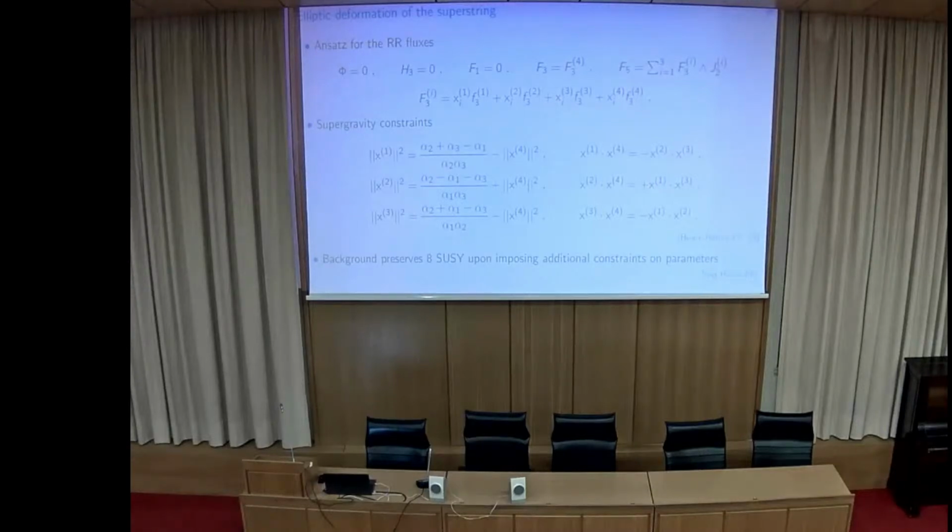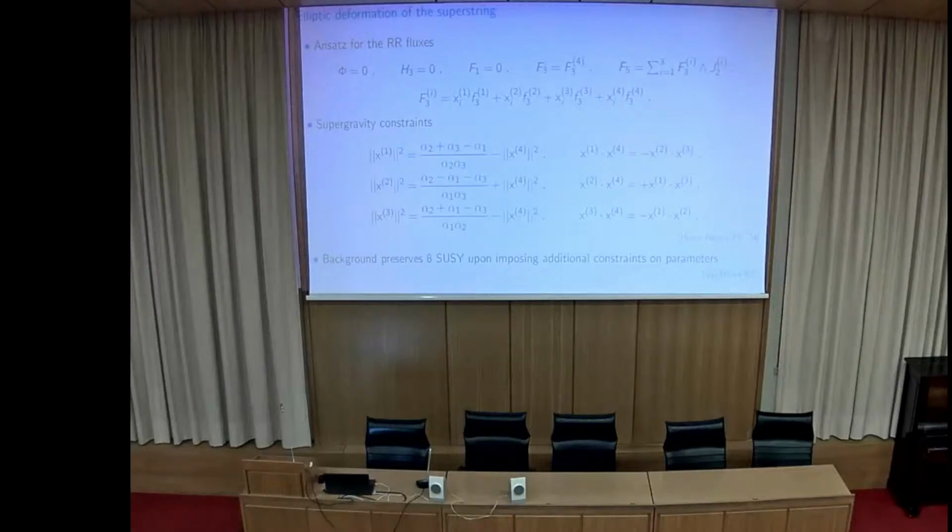So this is motivated a bit from the observation of the TST transformation and of the Yang-Baxter deformation. And then these x1, x2, x3, x4 are some vectors of parameters, and imposing that the supergravity equations of motion then imposes constraints on the norm and on the scalar product of these vectors.